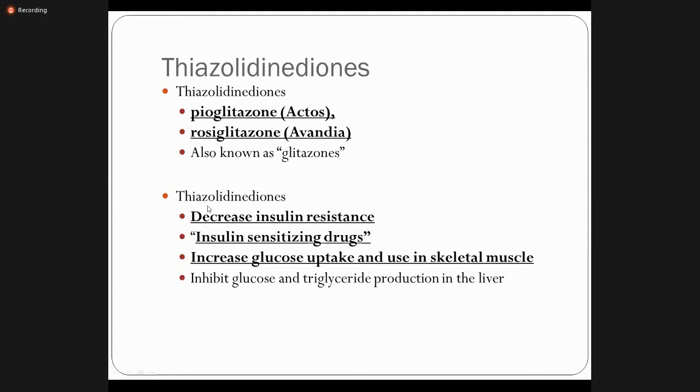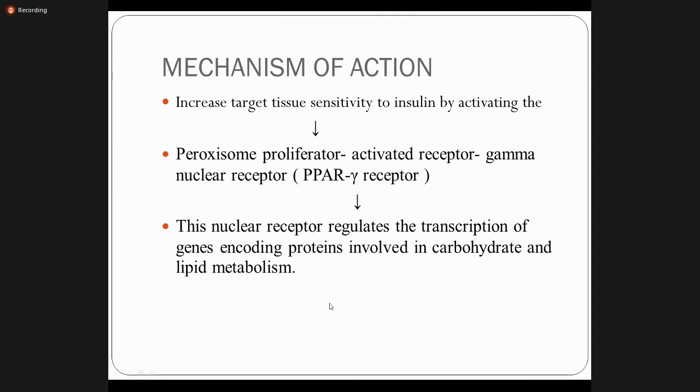So thiazolidinediones decrease insulin resistance. They are insulin sensitizing drugs, that is why they increase glucose uptake and use in skeletal muscle, and inhibit glucose and triglyceride production in the liver. Mechanism of action, this is important from the MCQ point of view.